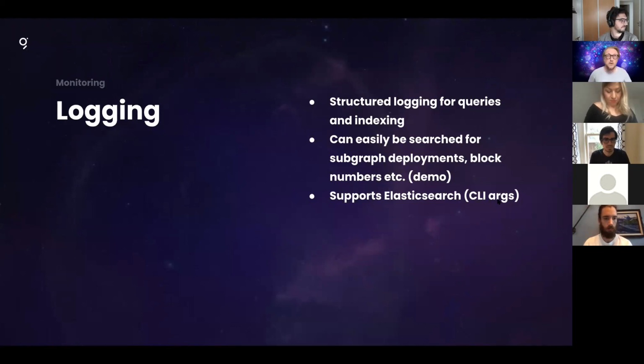Elasticsearch can be configured through the CLI args in Graph Node for sure, and I think also environment variables, so you can just define it if you use a Dockerized environment. Subgraphs on average, not entirely sure, will log a few million messages, so that log volume can grow pretty substantially. Keep that in mind.